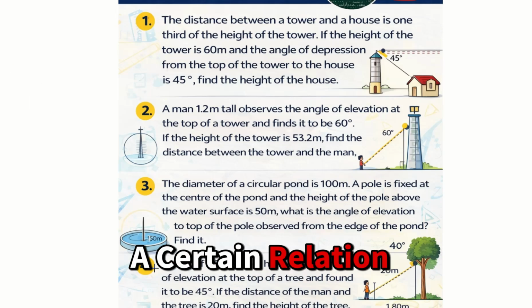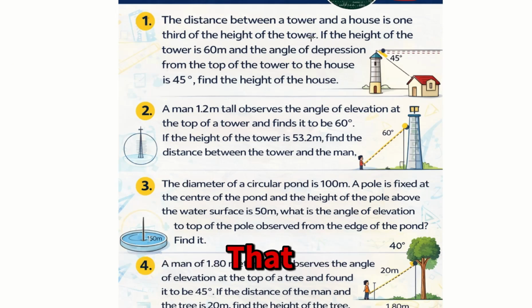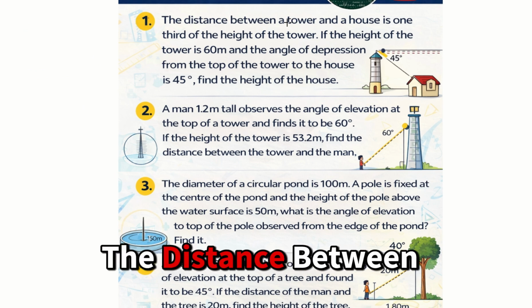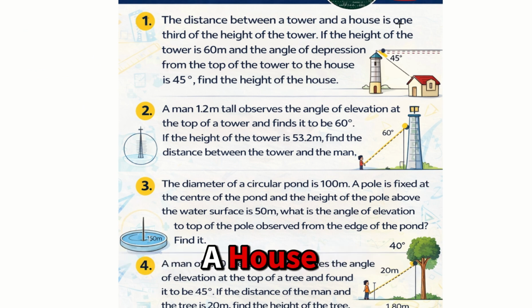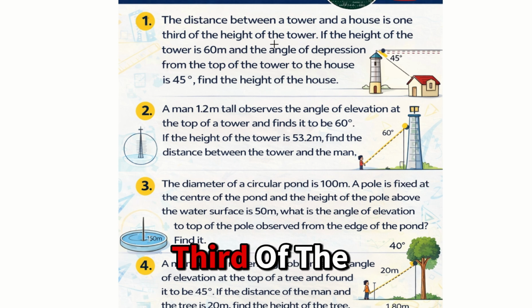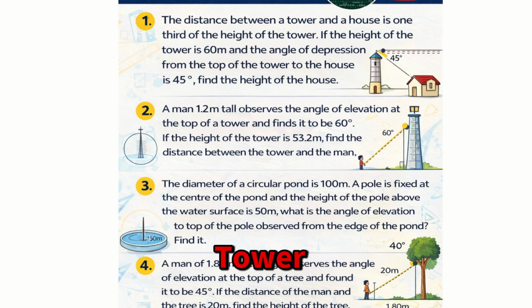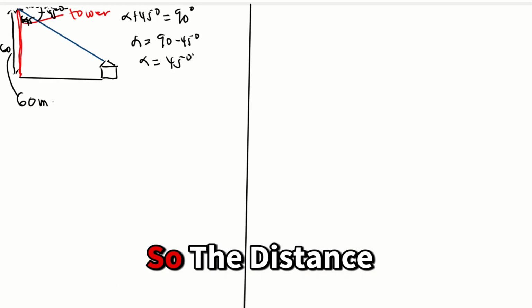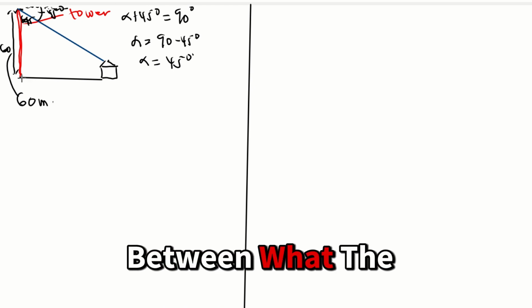The question gives a certain relation, and it says that the distance between a tower and a house is 1/3 of the height of the tower. So the distance between what?